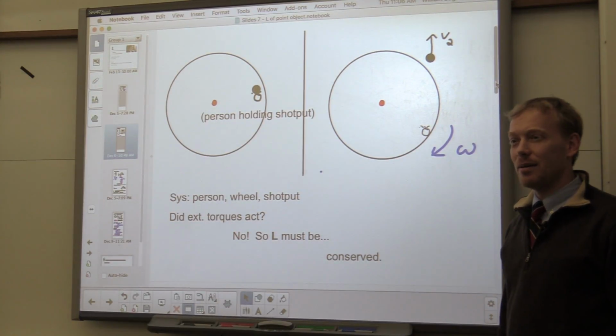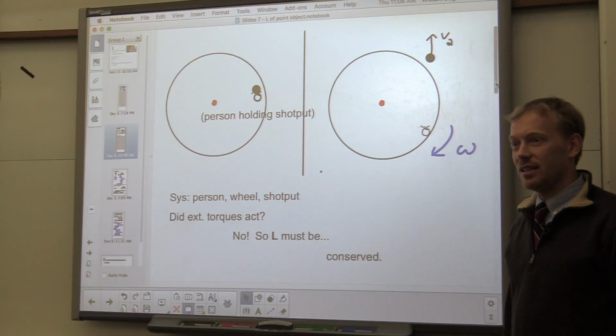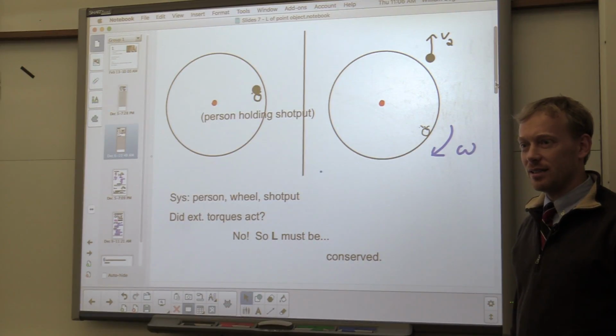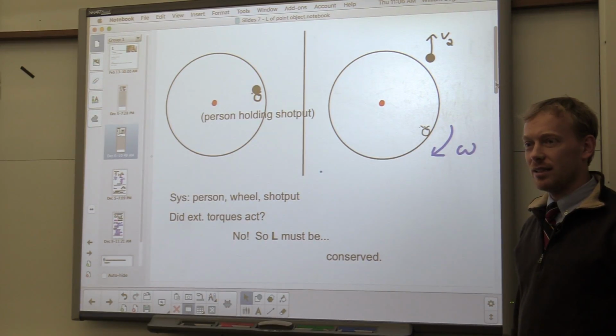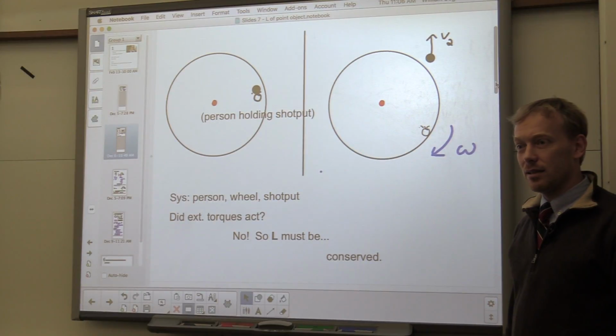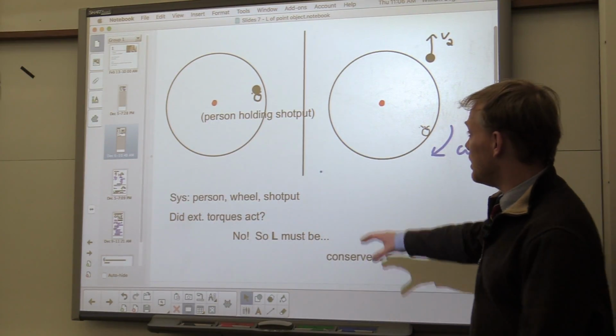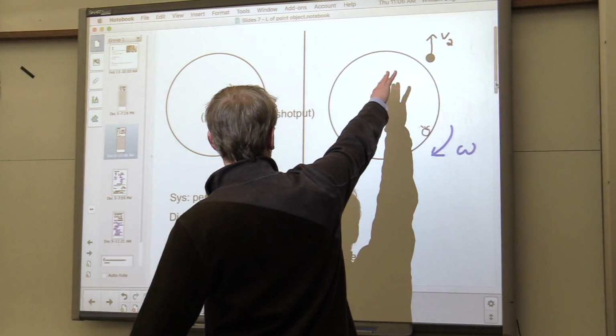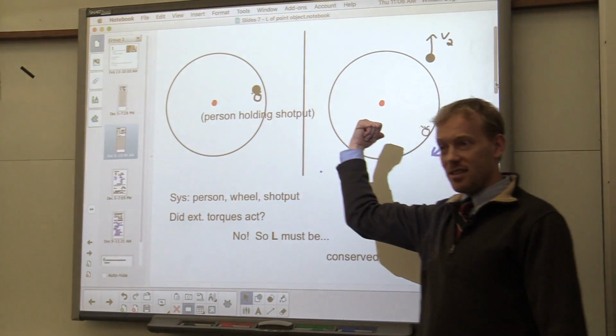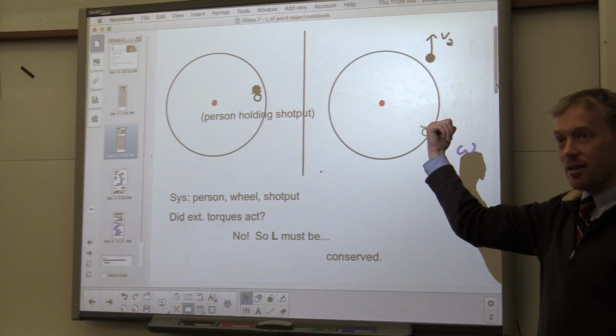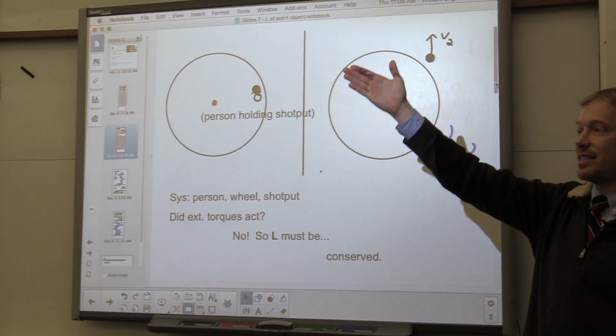You should feel a little upset. Drew? You see no angular momentum, and then you see this wheel has some angular momentum afterwards. How is this possible with no external torques acting, Danny?